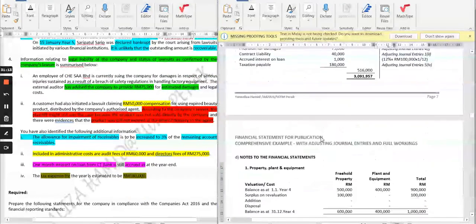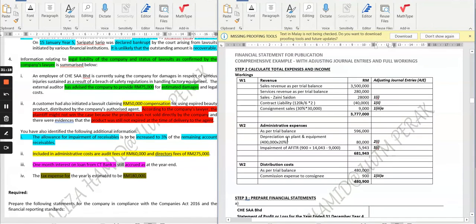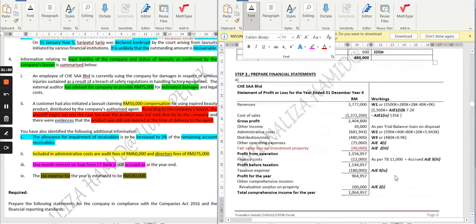Okay, we move on to show that effect. Under the admin expenses, you include this figure just now, which is the impairment loss.